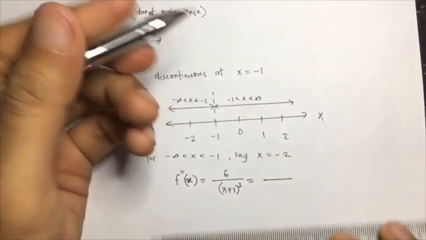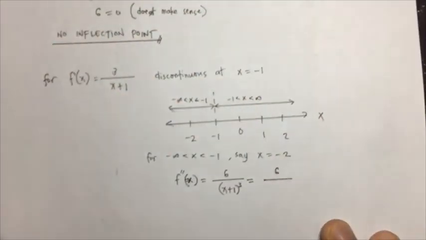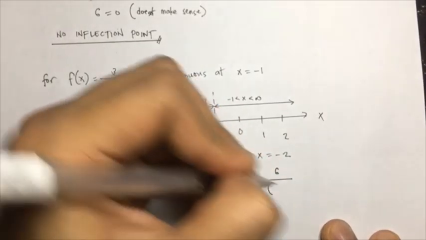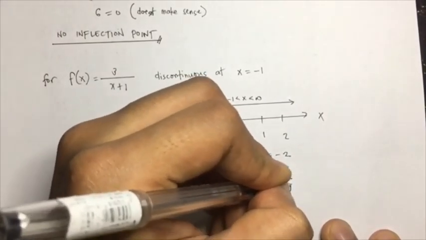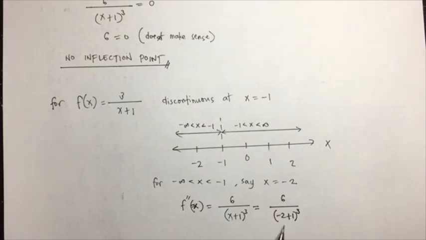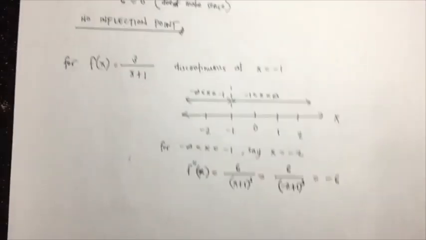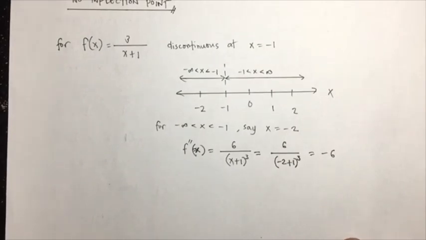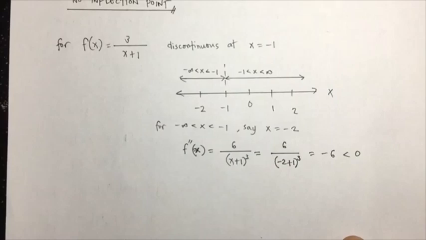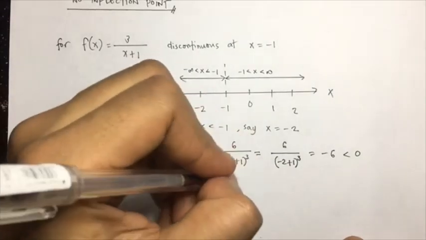So we'll have 6 divided by negative 2 plus 1 cubed, so this is negative 6. Therefore at that interval, since it's less than 0, it's concave downwards.